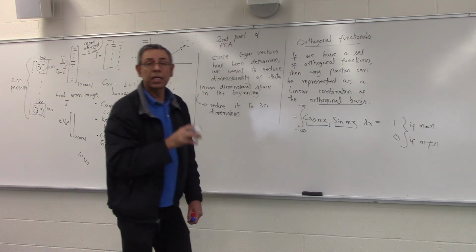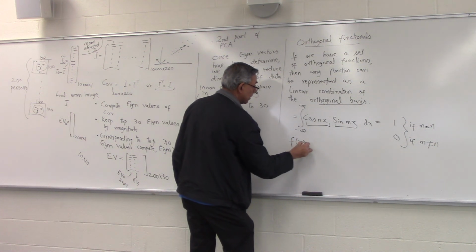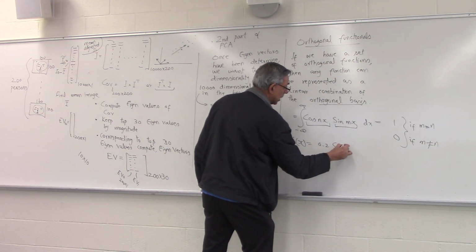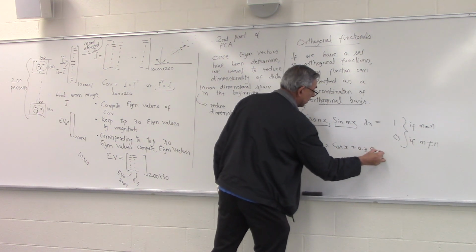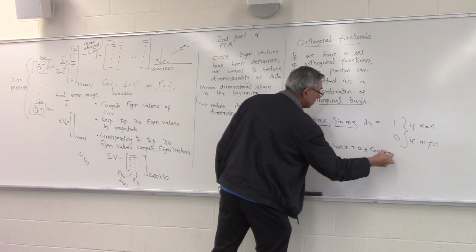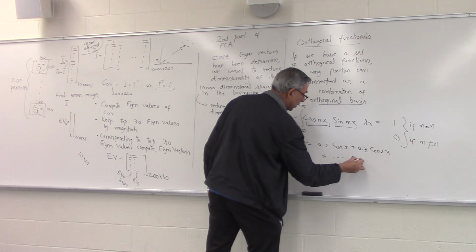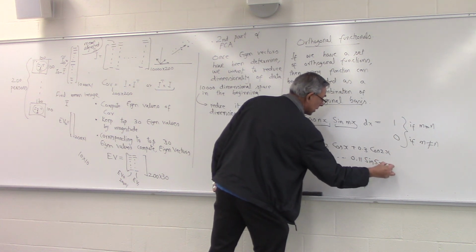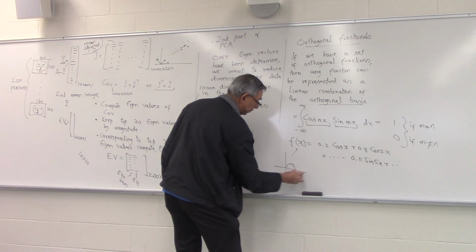That means any function f of x could be represented as 0.2 cosine x plus 0.3, let's say, cosine 2x plus 0.11 sine 5x, and so on. It doesn't matter how complicated this function is.